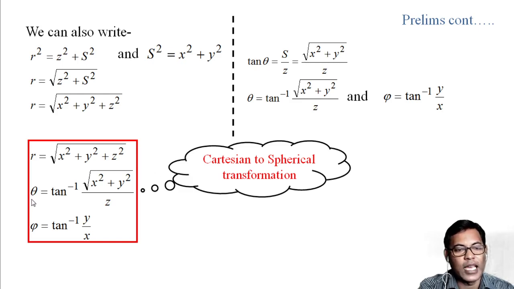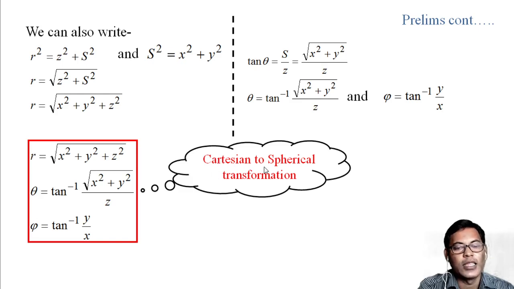So, theta will be equal to tan inverse of the square root of x square plus y square, by z. Now, phi is the same as in the cylindrical coordinate system, tan inverse of y by x. So, in this relationship we can see that if x, y, z are known to us, then from this relationship we can find r, theta and phi.